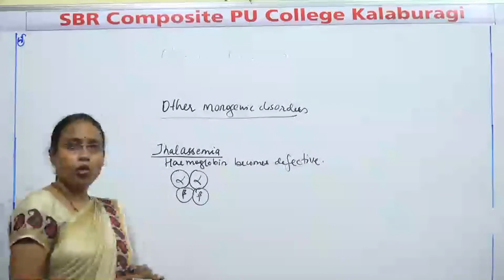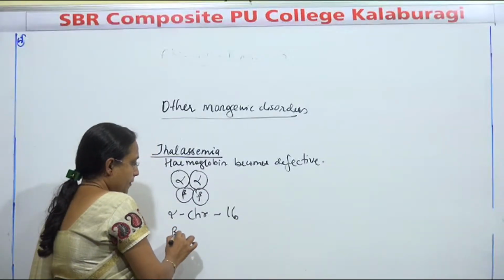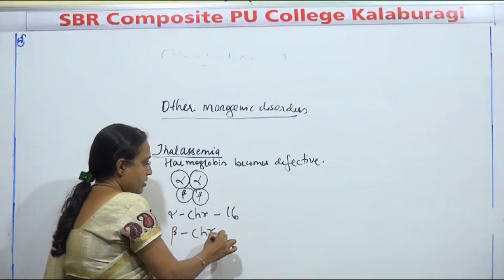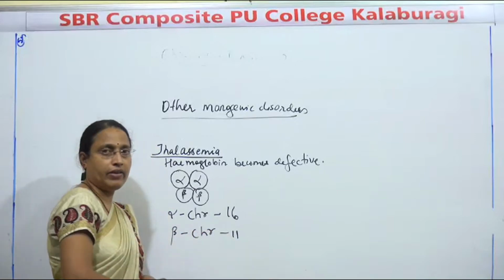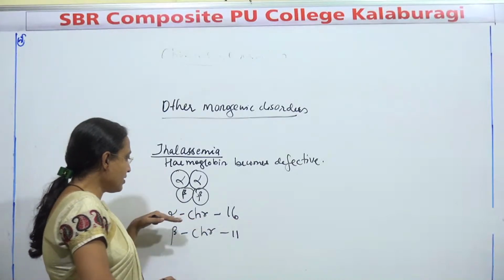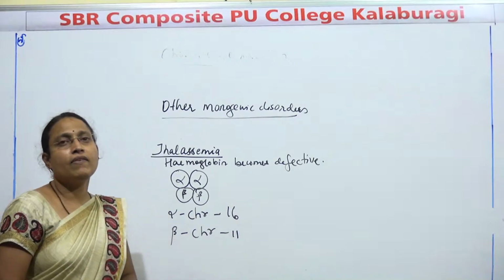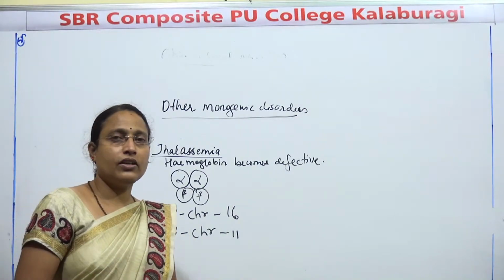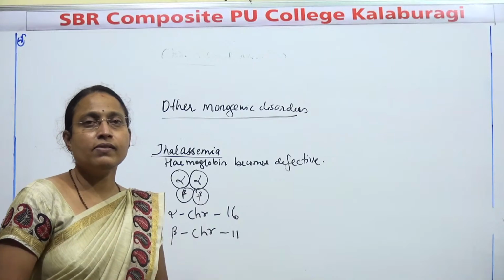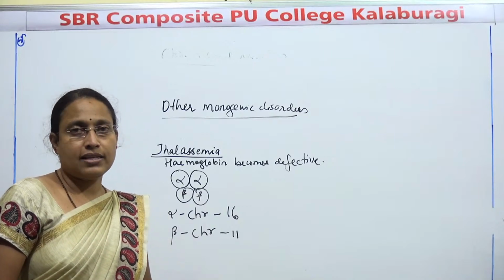The hemoglobin chain becomes defective in type. The beta chain gene is located on chromosome 11. If the alpha chain gene located on chromosome 16 becomes defective, then he will suffer with alpha thalassemia. And if the beta chains become defective, then the person will suffer with a disease called beta thalassemia.